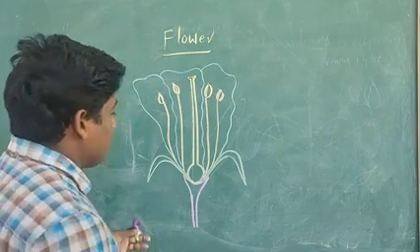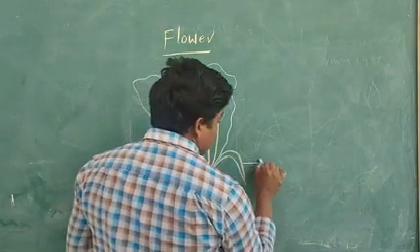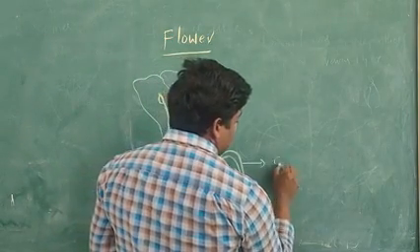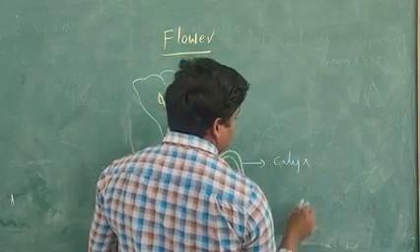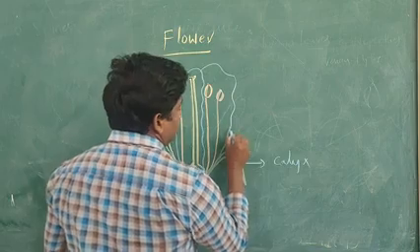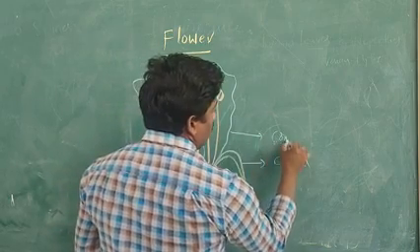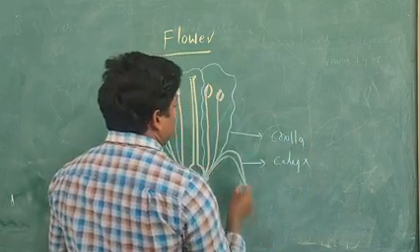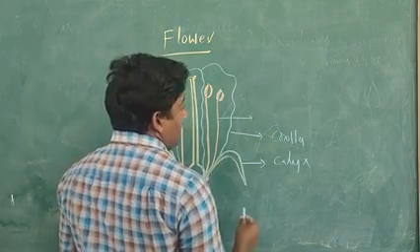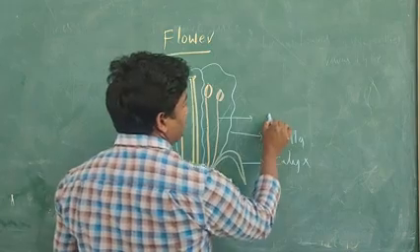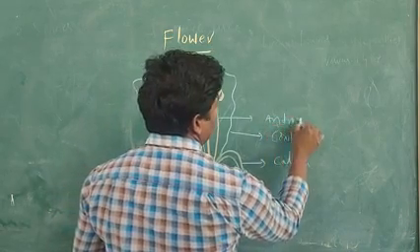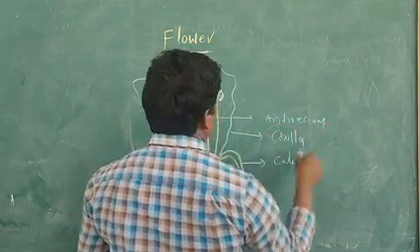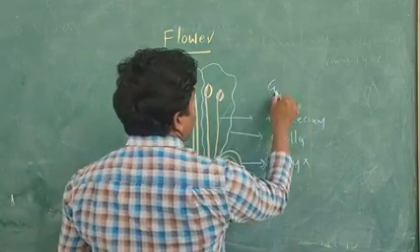Four circles means, first of all, the calyx. Second one, corolla. Third one, androecium. Fourth one, gynoecium.